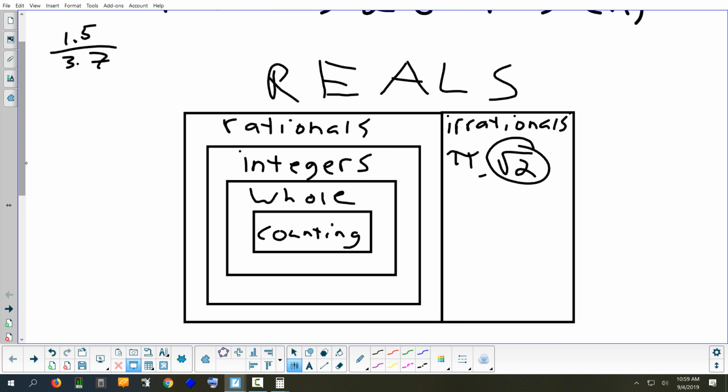So if you're in Massachusetts, are you automatically in the Northeast? What do you think? Yeah, if you're in Massachusetts, you're automatically in the Northeast. If you're in the Northeast, are you automatically in Massachusetts? It doesn't work that way. That's how this diagram works. If you're a whole number, you're automatically an integer, because you're also in the integer box.